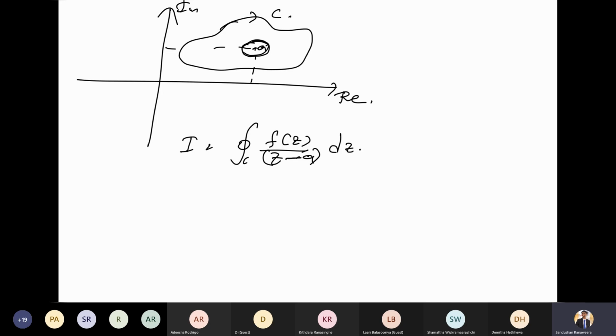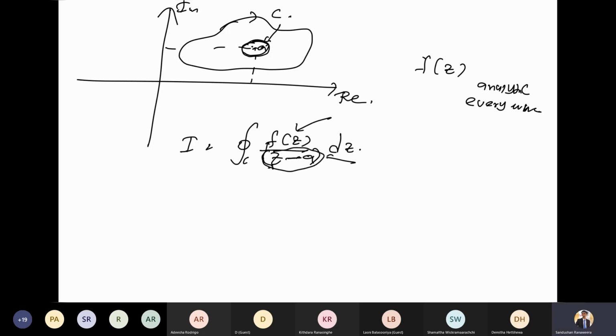If f(z) is analytic everywhere, it should be continuous everywhere, because analytic means differentiable, and differentiable means continuous. So f is continuous everywhere, and this function is finite at this point.